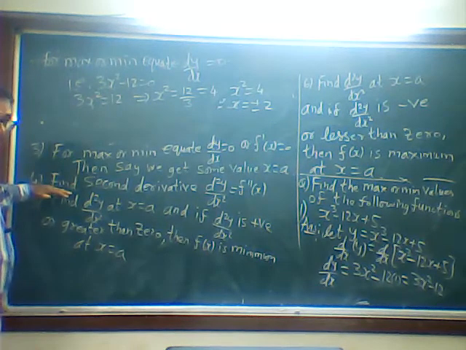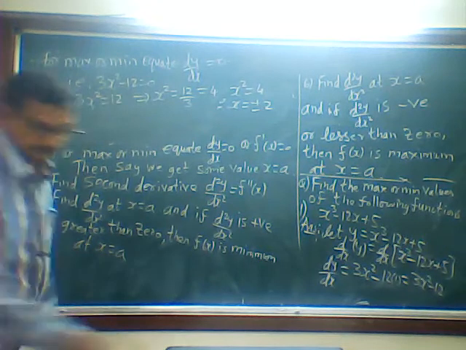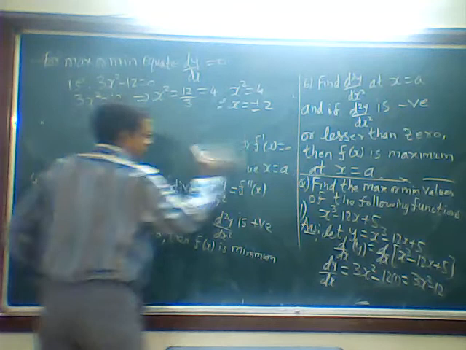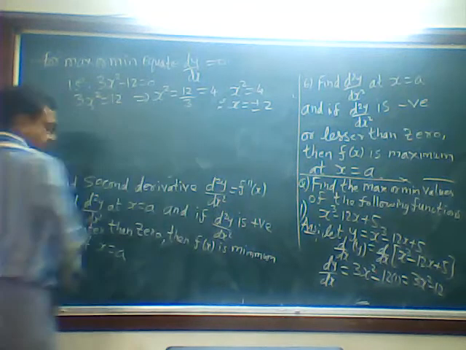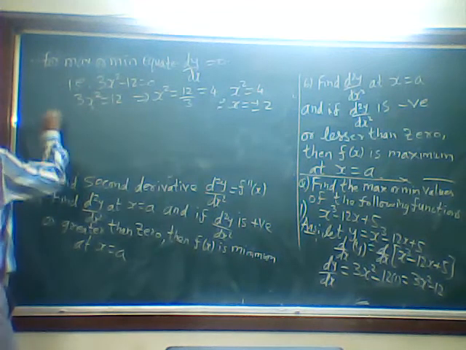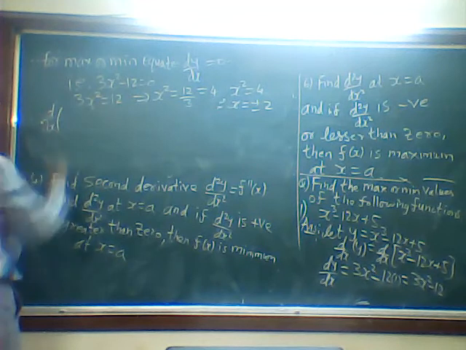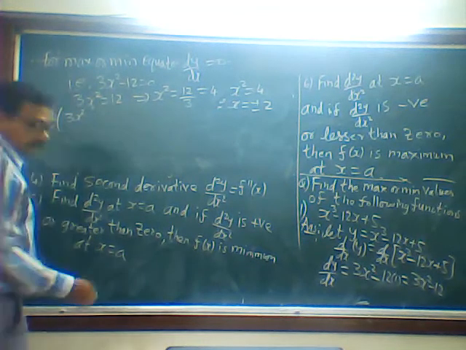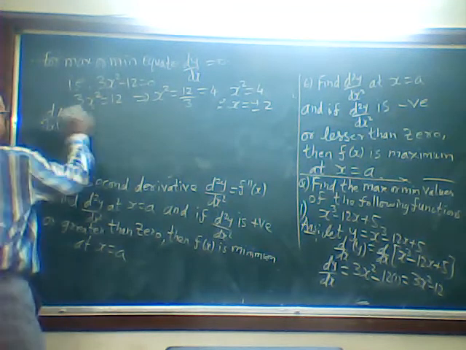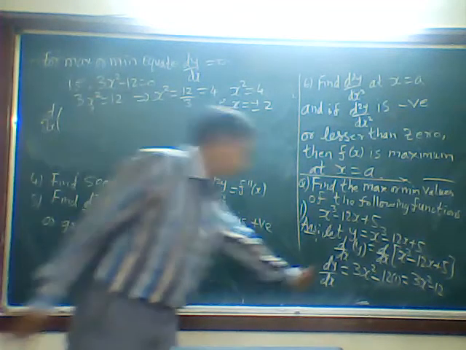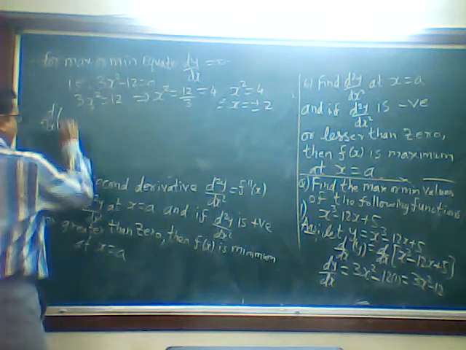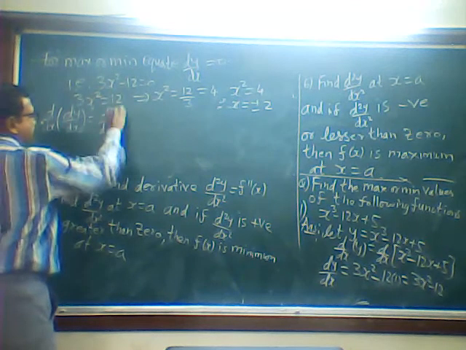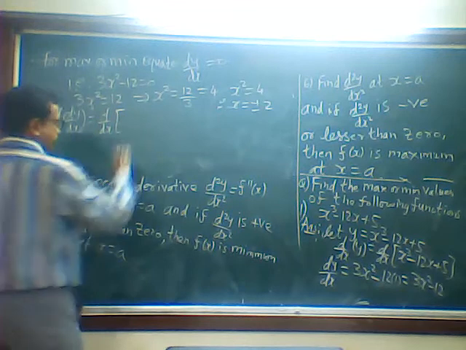Now the fourth point. I will find the second derivative. One by one I am writing here. Now I am finding the second derivative. D by dx of dy by dx is equal to d by dx of 3x square minus 12, both the sides we have to apply, right?